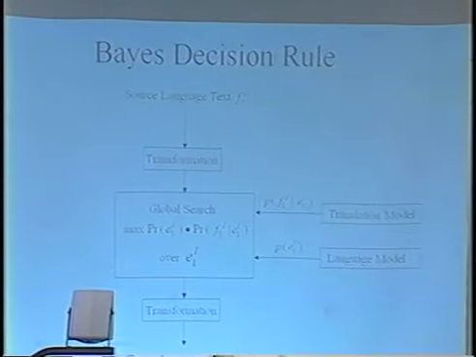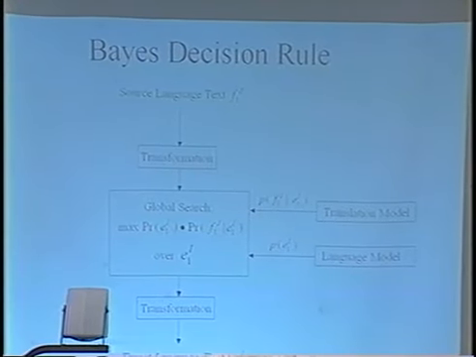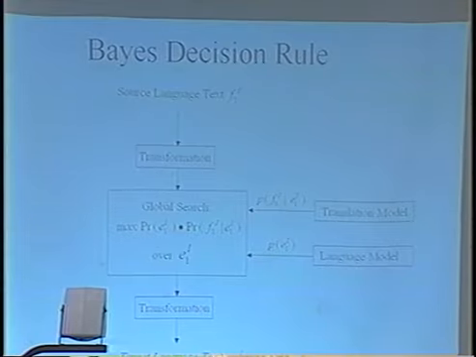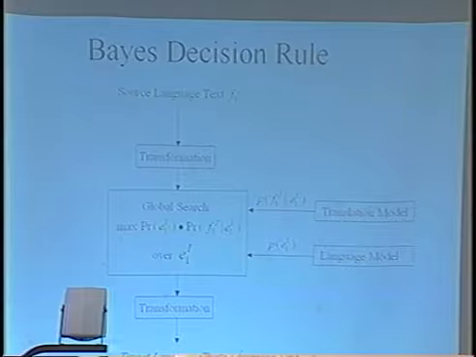This is the overview of the IBM Candide machine translation system. Given is a source language sentence that is translated into a target language sentence. I'm using the notation F for the source words, having in mind the translation direction of the old Candide system, which was French to English.